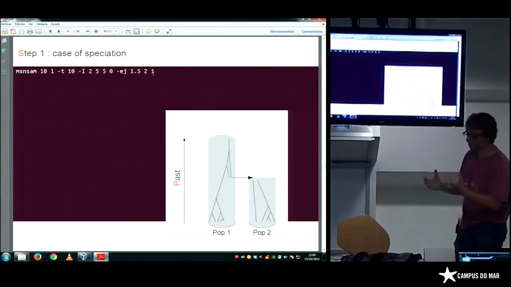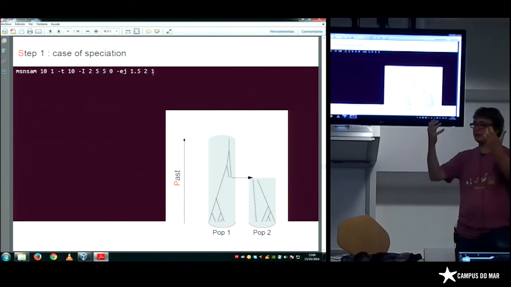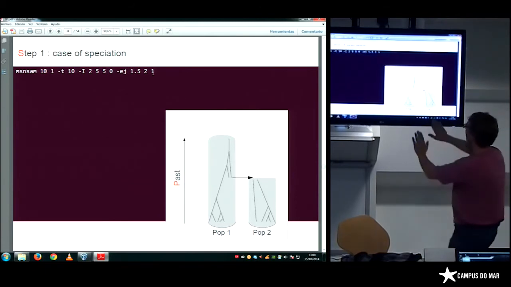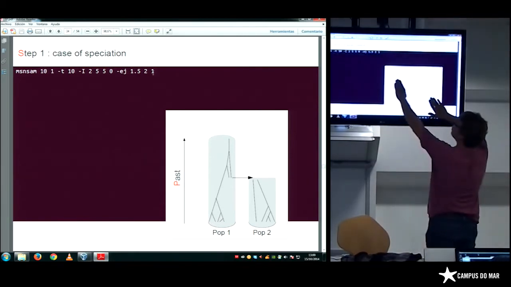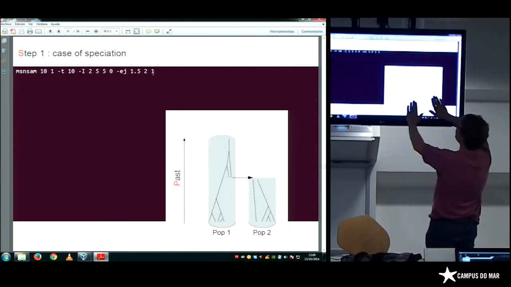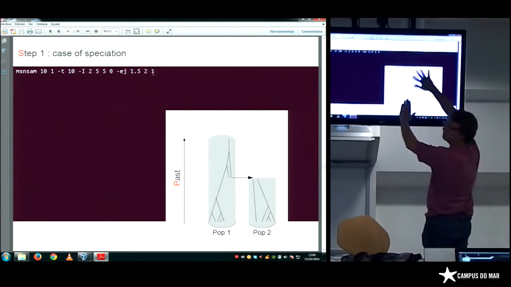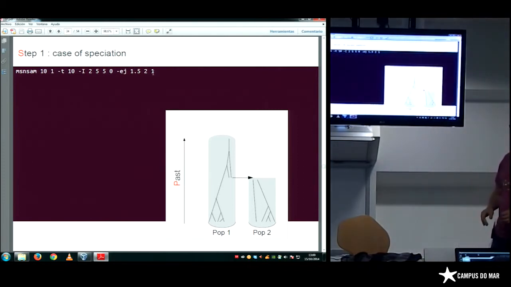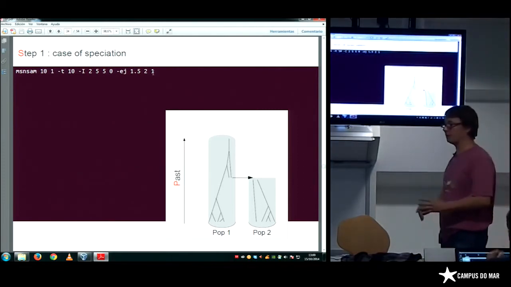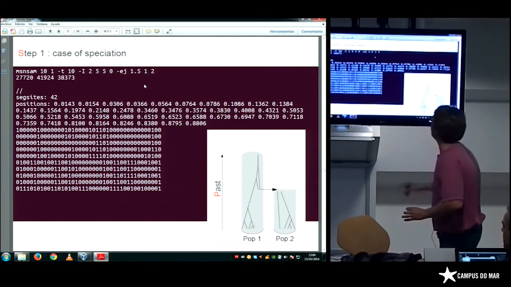The reasoning is a backward coalescence. So you have the 2 populations, and 1.5 N generations back in time, you have population 2 that goes to population 1. Okay? So this command line simulates isolation without gene flow.